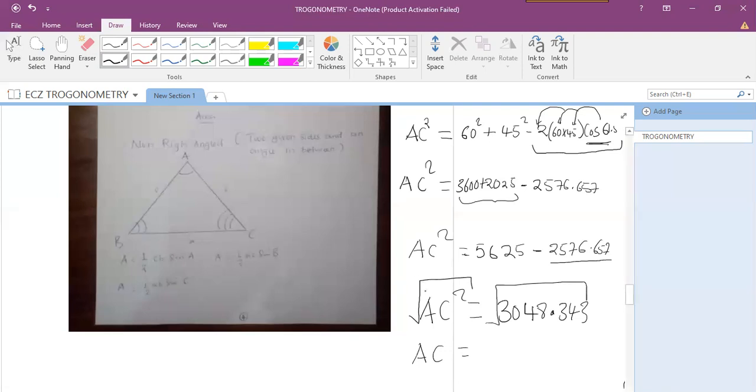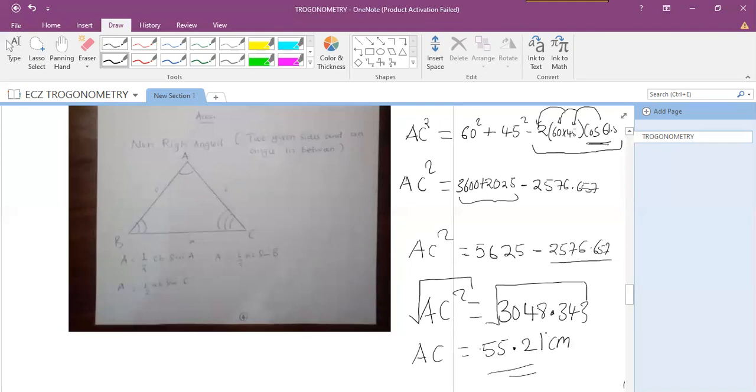Yes, exactly. So our value of AC is 55.2. Give your answer to 2 decimal places, so 55.21 centimeters is our final answer.